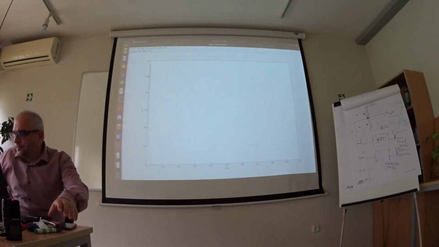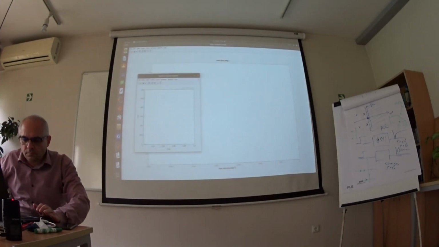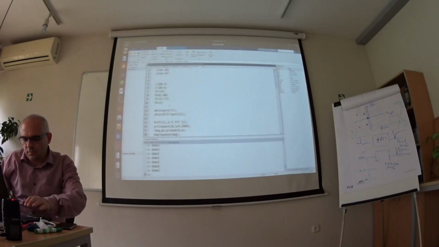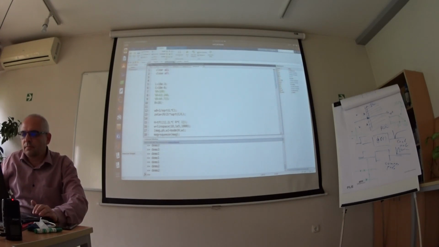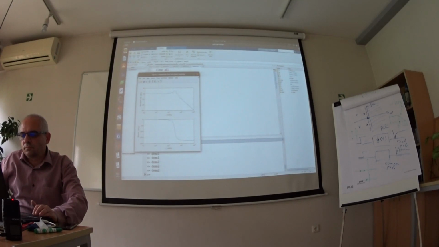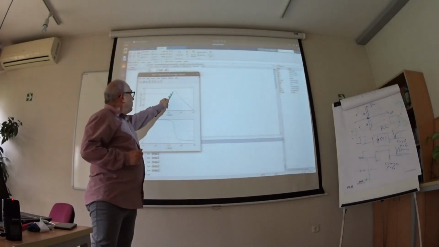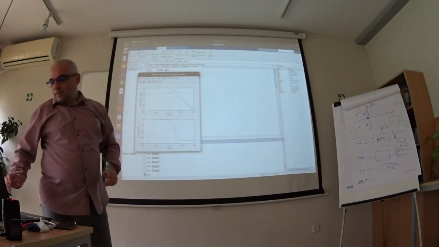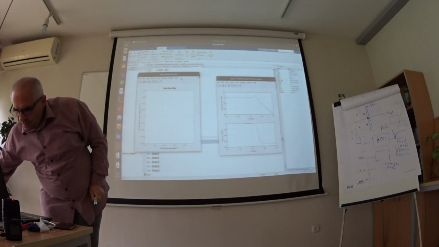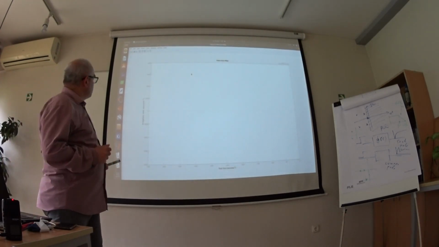If we choose another value for our resistor, let's say 10, the magnitude response is not flat anymore, but we now have two complex poles.